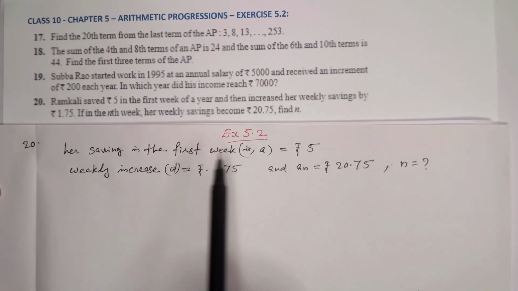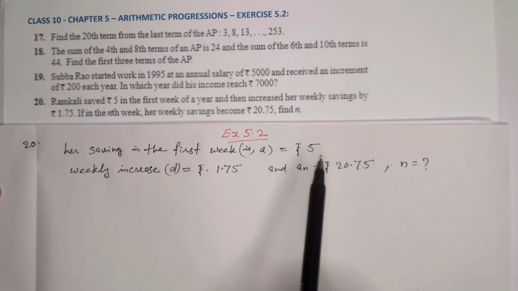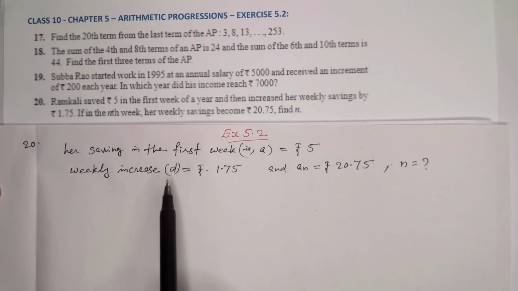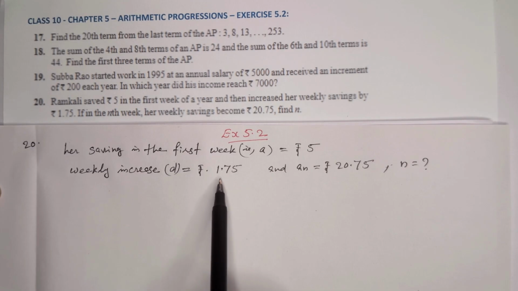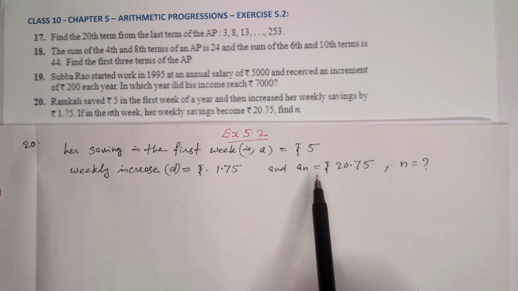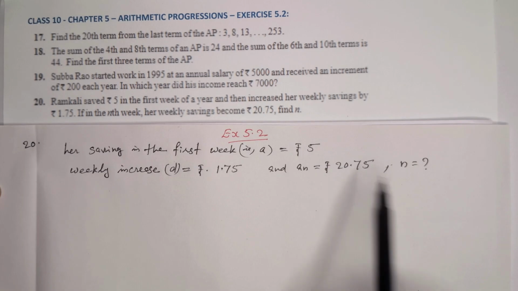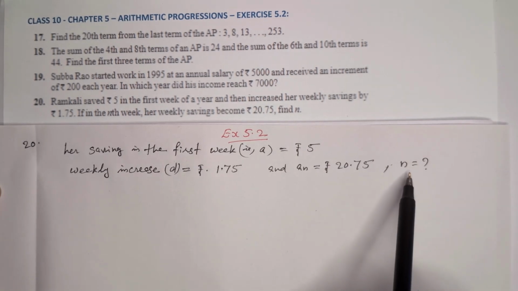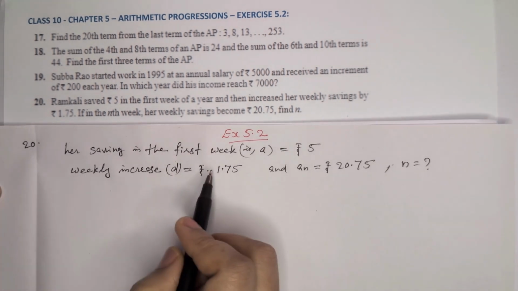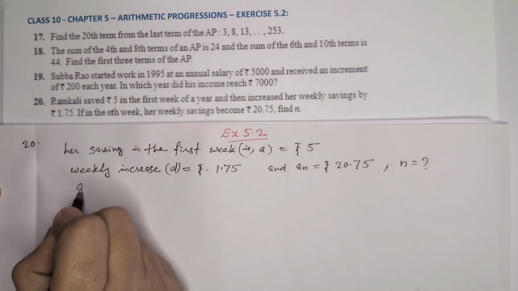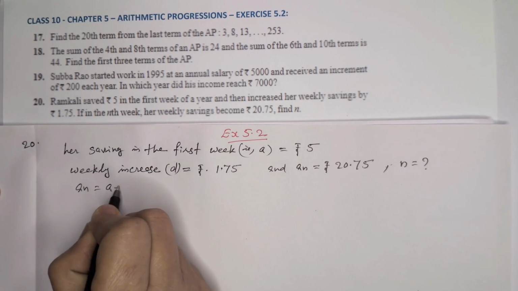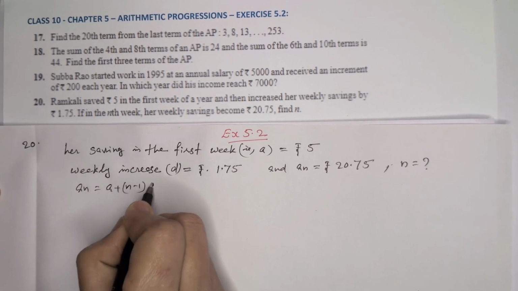Her savings in the first week, that means a, the first term, is rupees 5, the weekly increase, that is the common difference, is 1.75 rupees. The last term, that means an, is equal to 20.75. And we have to find n, the week. So we can write in the formula: an is equal to a plus (n minus 1) into d.